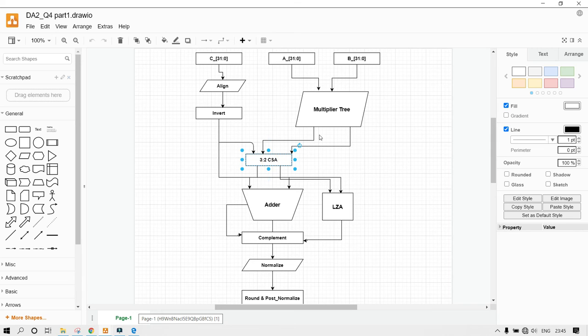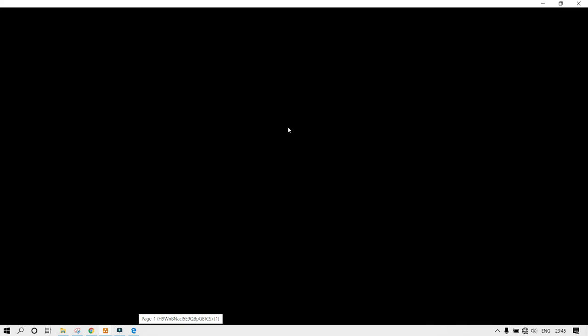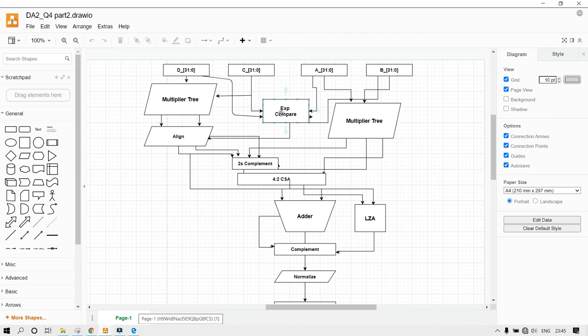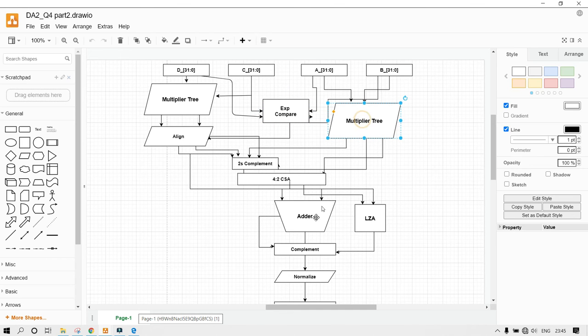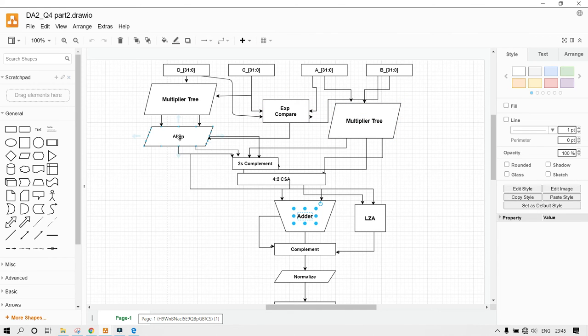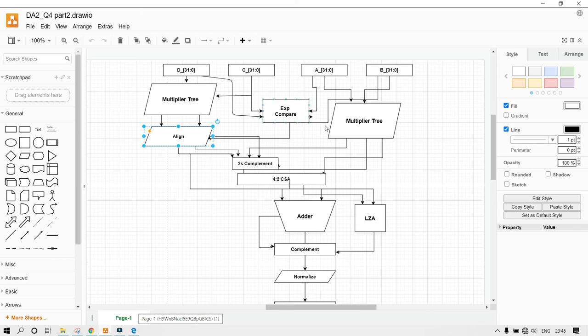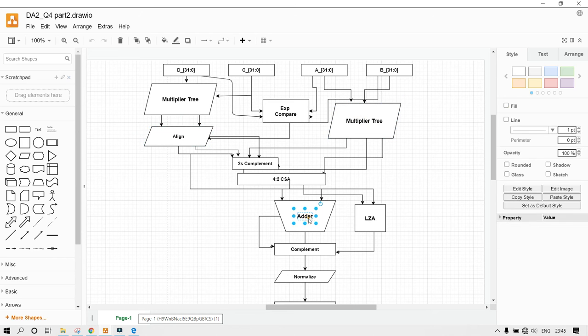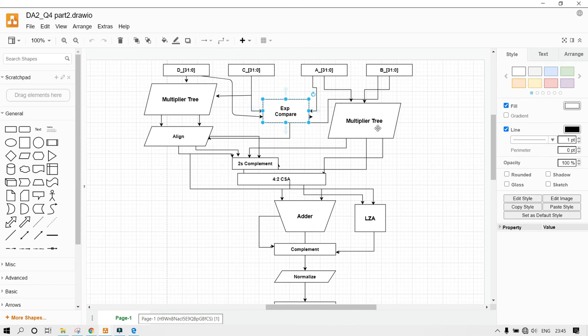This is the first architecture, the FMA unit, part 1 of question 4, and similarly the second proposed architecture, the FTP unit, is also drawn in this software. This is the second diagram of question 4, and you can see it is completely editable and is made using this software.